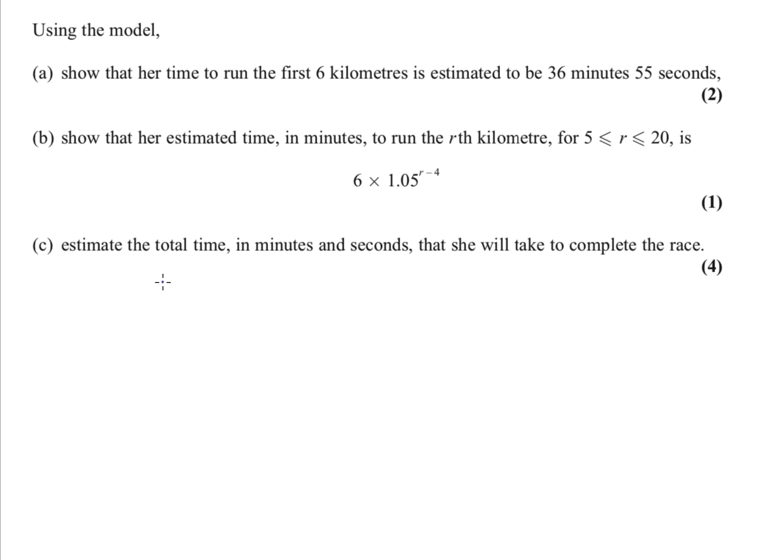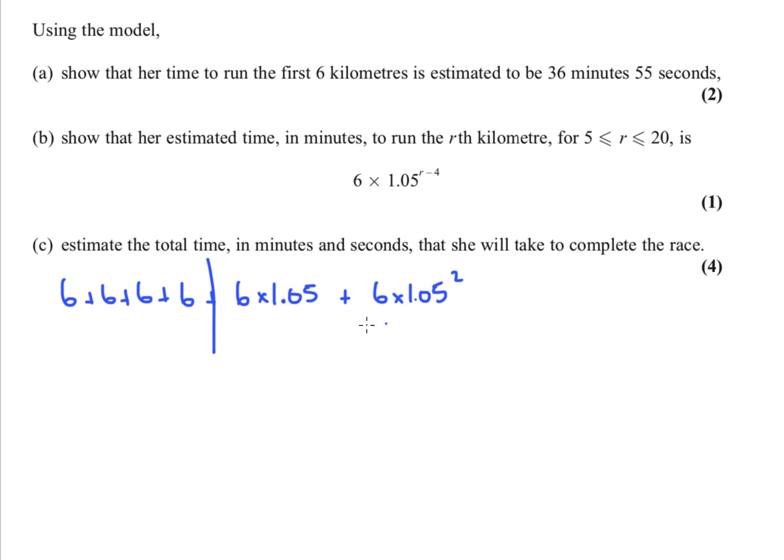To estimate the total time then, we've got this equation now, but what I would rather do is separate this as a new sequence. This is a geometric sequence. They've run 4 kilometres already, which means they've got 16 kilometres to go.